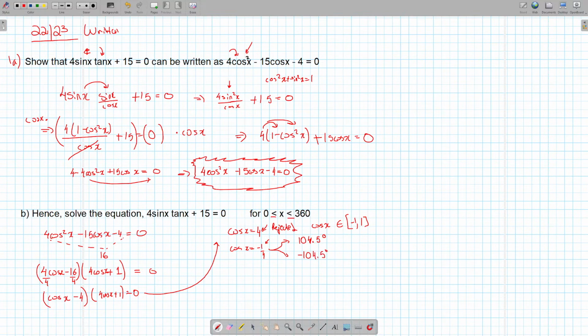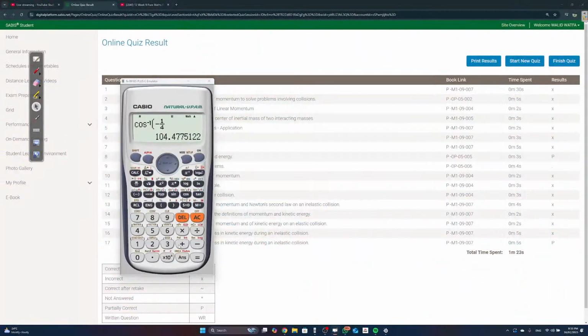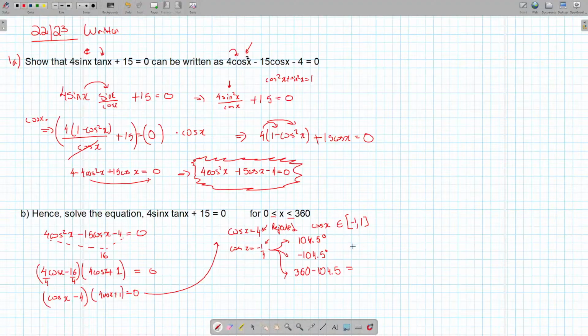But in this case, when you take the negative, it's not in the domain, but it's okay, let's just write it down. Later on, we'll see. And for the third one for cosine, I always tell you do 360 minus 104.5. You get 255.5.